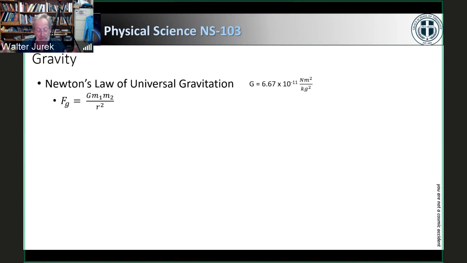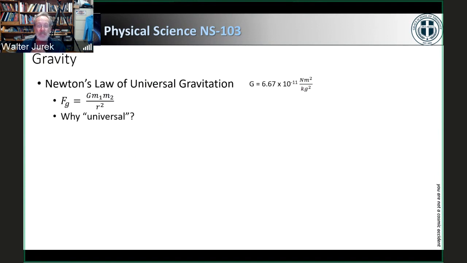Think back to the parachutist. Mass 1 is the Earth. Mass 2 is the parachutist. Then we divide by the distance between the middle of the Earth and the parachutist. That's R. We square it, and we get a number. So this is Newton's law of universal gravitation.